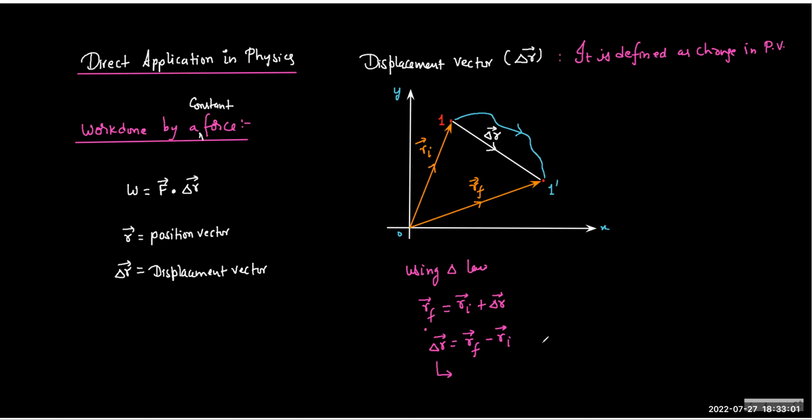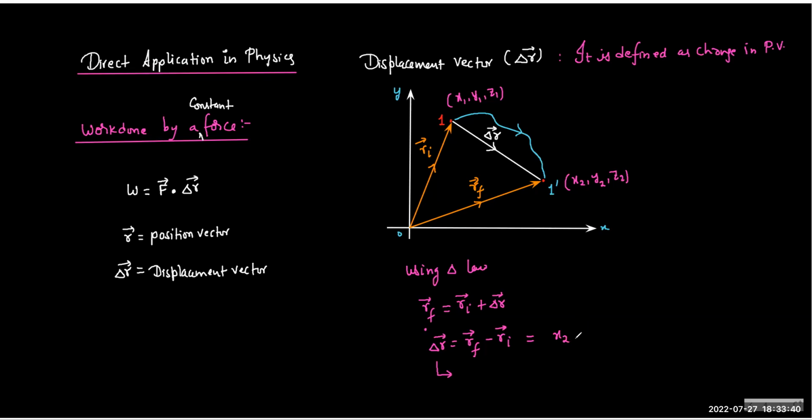Yes, sir. Now given the coordinates, let's say the location 1 has coordinates x1, y1, z1, and the new location has coordinates x2, y2, z2. Then we may express this answer in analytic form, that is i cap, j cap, and k cap. I'll give you a simple way of writing.